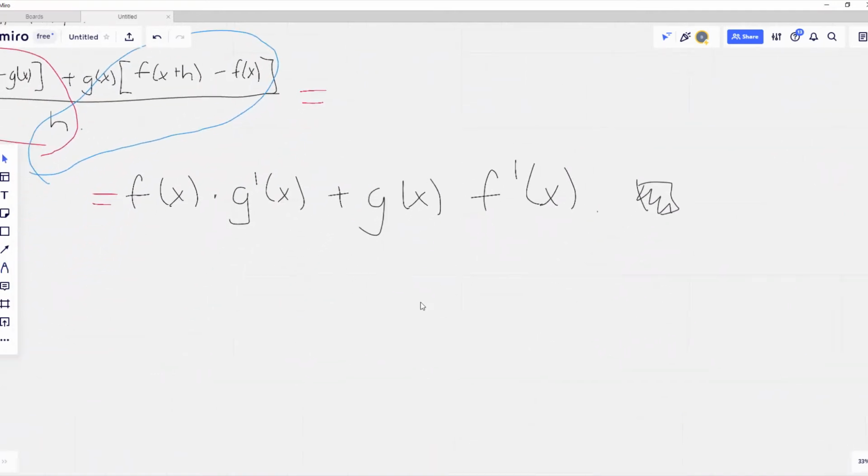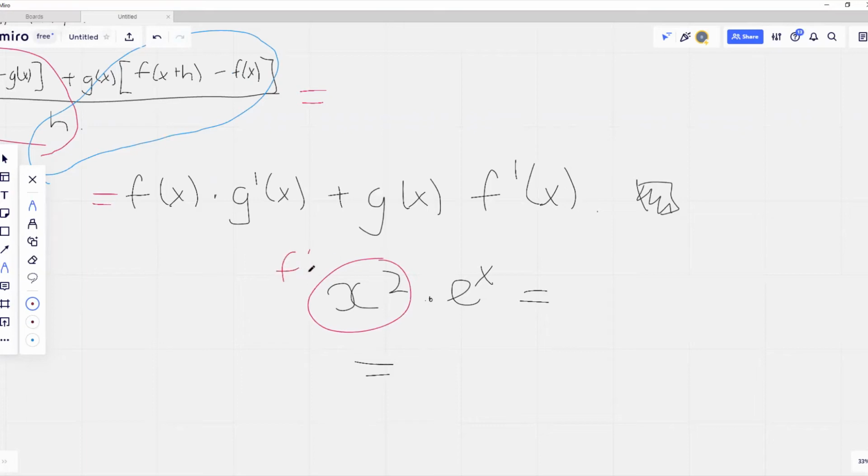So basically, let's assume that you would want to find the derivative of the product x squared multiplied by e to the power of x. Then let's define x squared as the function f of x, and let's define e to the x as the function g of x.